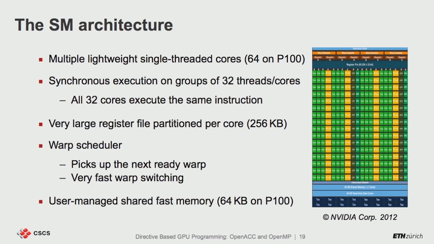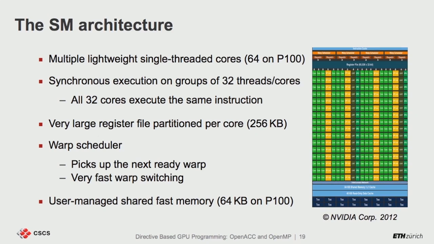So imagine a queue of warps that are ready for execution, and this scheduler picks up the next one, that is the next group of 32 threads to run, and puts it on the multiprocessor to run. Then if this warp does a memory load and has to wait for memory, the warp scheduler picks up the next ready warp and puts it on execution.